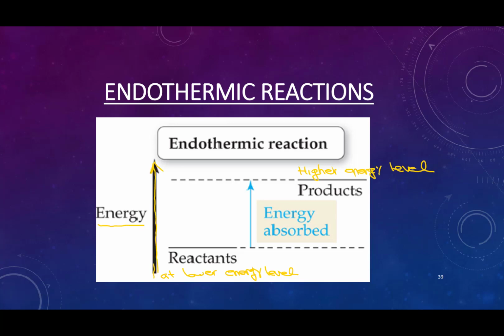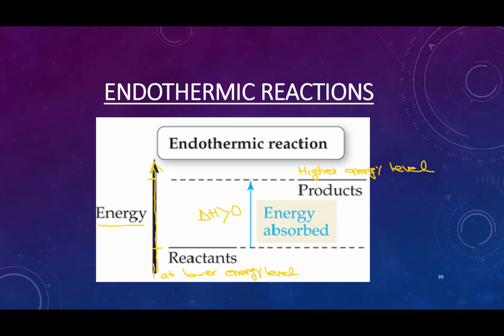The energy absorbed, shown by this light blue arrow, always goes from the reactants to the products. And since it's an endothermic reaction, the delta H, which is the change in energy, is positive. You see, it's a positive number.